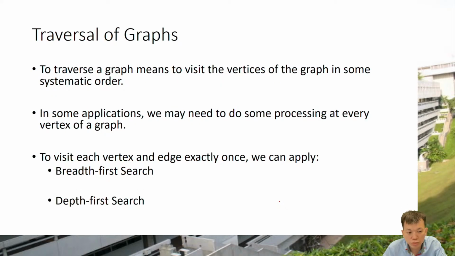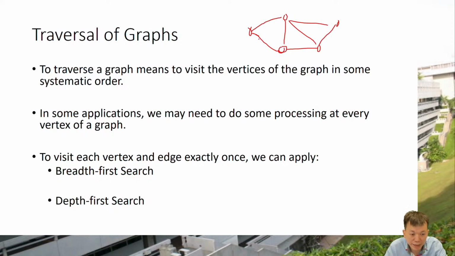Okay, so one of the typical problems in graphs is graph traversal. Because you always get a very complicated graph, one thing you very likely want to do is visit every node to do something. Then the question is, how do I ensure that I visit every node once and do something once?